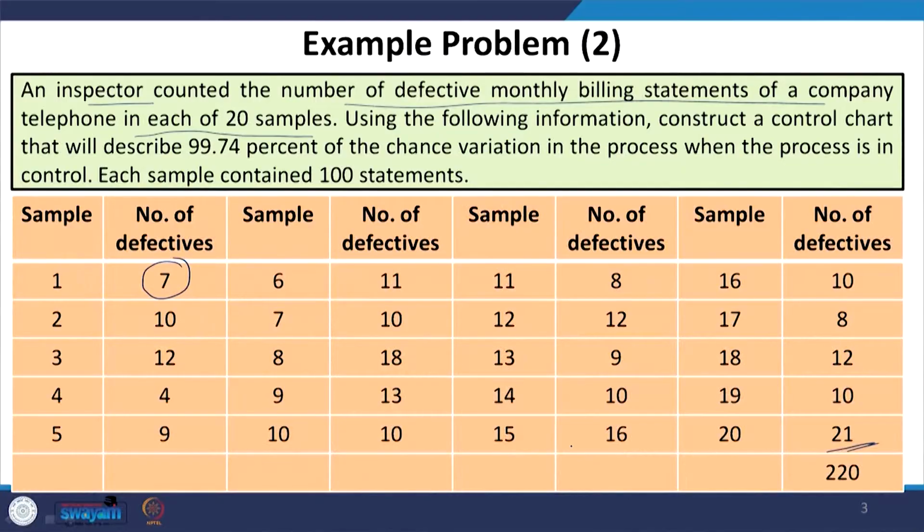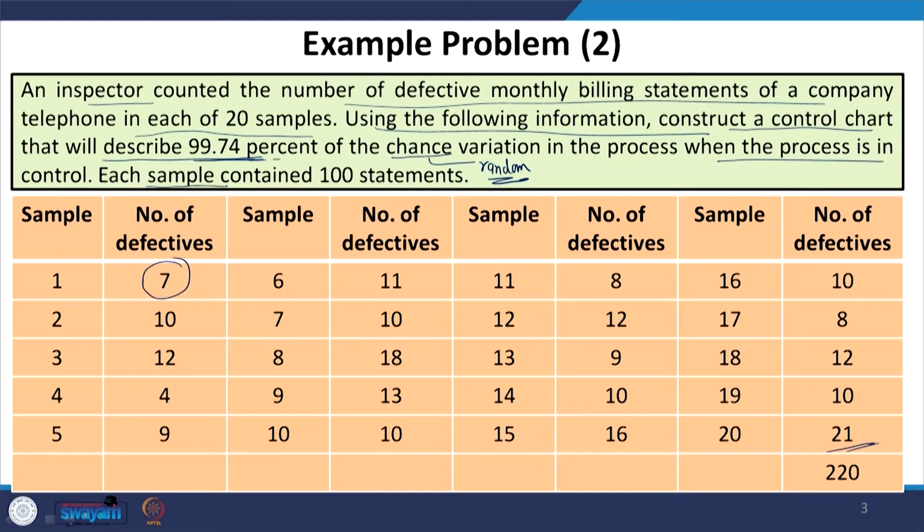Using the following information we have to construct a control chart that will describe 99.74% of chance variation. Chance variations are the random variations for which you have no reason, as we have discussed, and they occur when the process is in control.